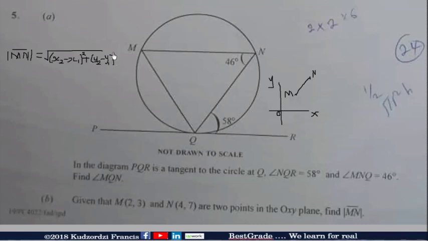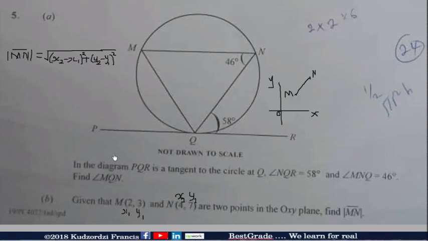Then we take the square root of the result. So let's say our x2 is here and our y2 is here, and our x1 is here, then our y1 is here.